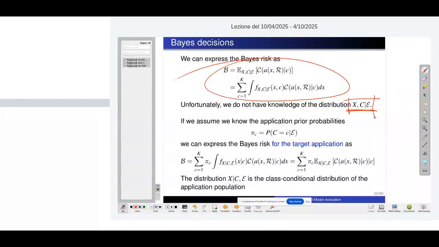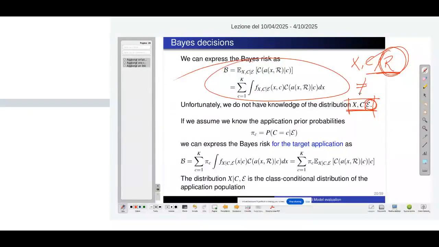Those are the distribution for the evaluation population according to our model. So our recognizer may define a distribution for the samples and class, but that's the distribution according to the recognizer. It's not the distribution according to somebody who knows the application data. It's the distribution according to somebody who has only the information that our classifier has. And these two are not necessarily the same. We will see how to deal with that.